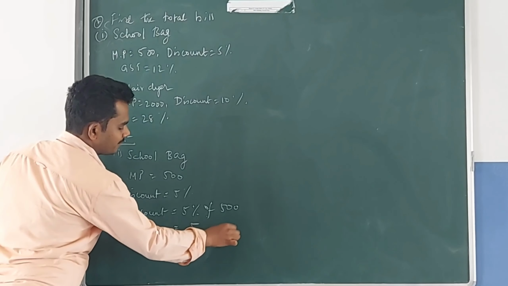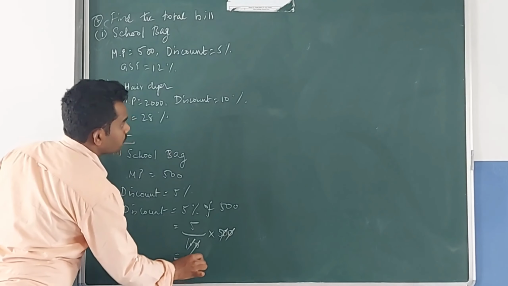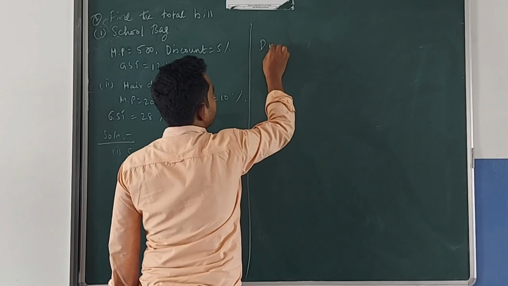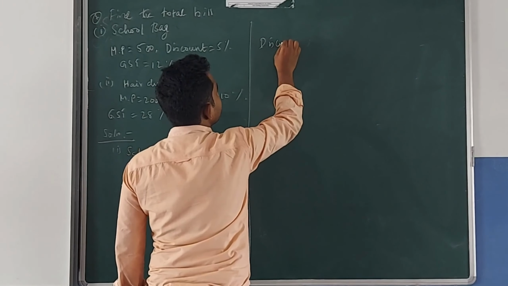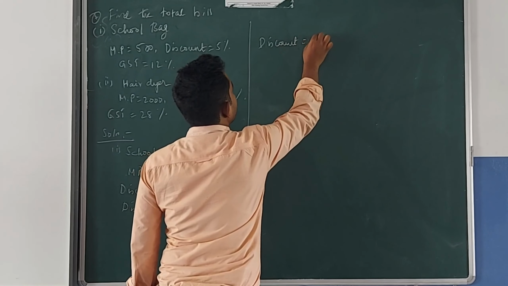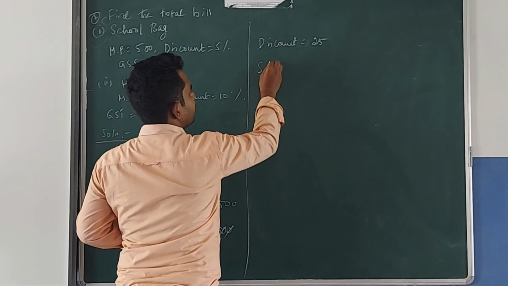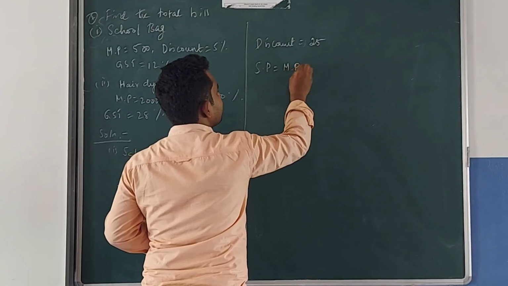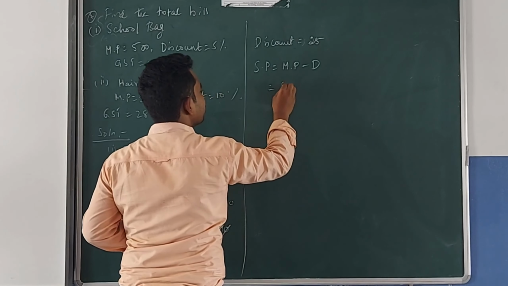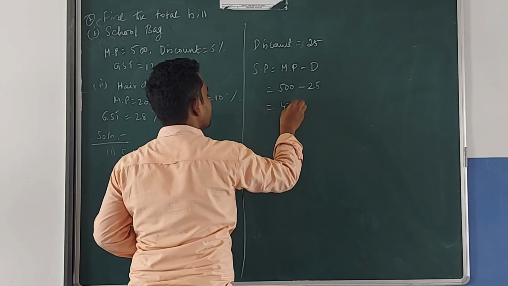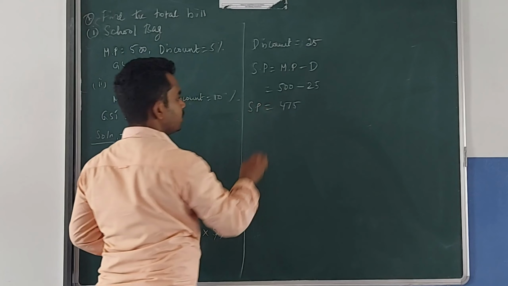So 0 0 cancel, 5 5s are 25. So the discount is 25. Next, selling price MP minus discount. So MP is 500 minus 25, 475.